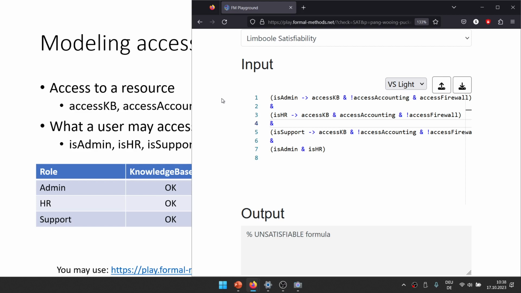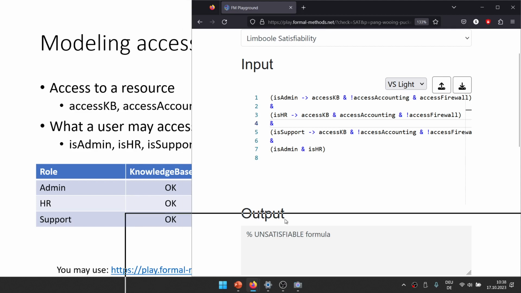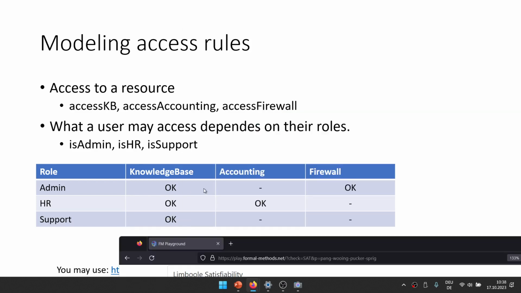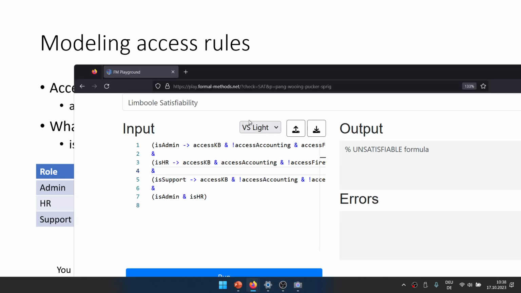The role-based access gives basically only positive access to resources. It says if you're an admin, you have access to the knowledge base. We don't really know for accounting. You don't get the accounting access from the admin role, but you might get it from somewhere else. So I think this negation doesn't really work, right?